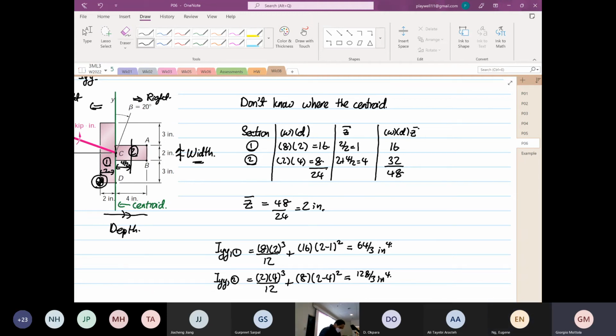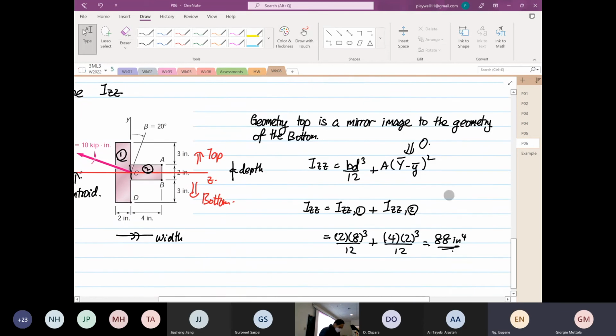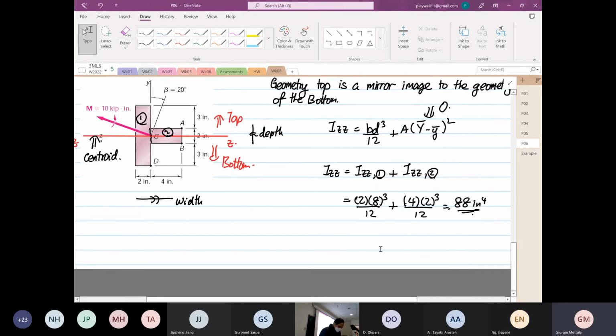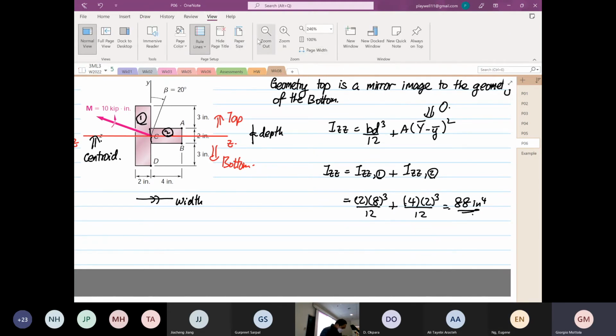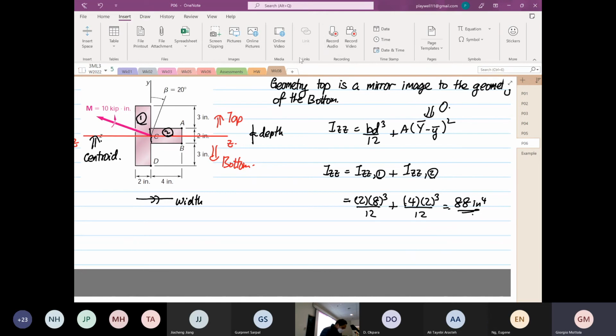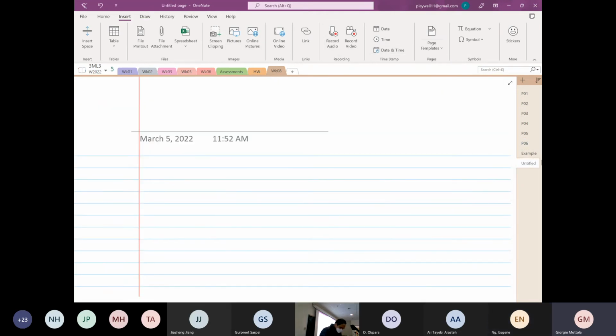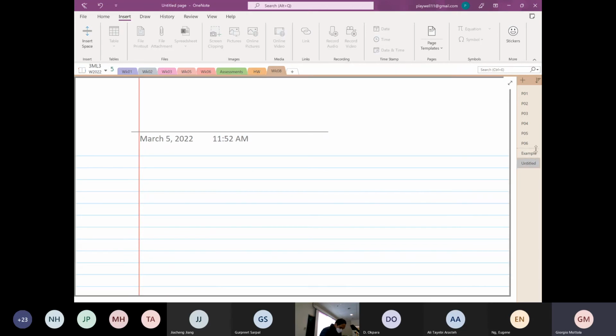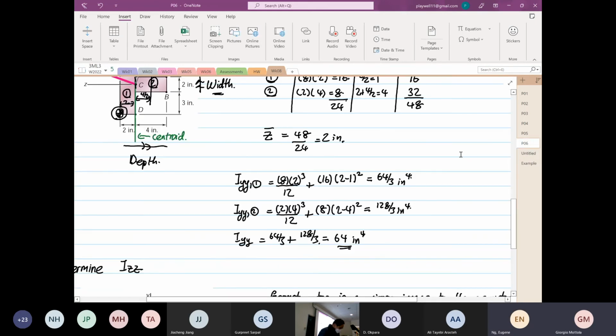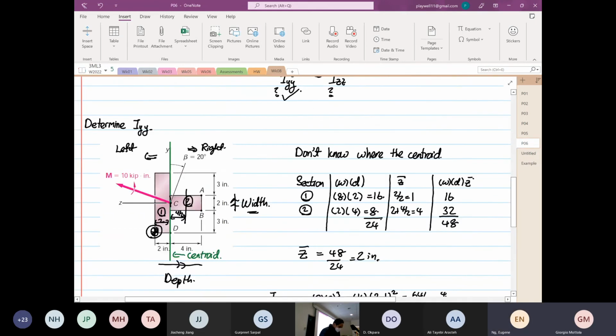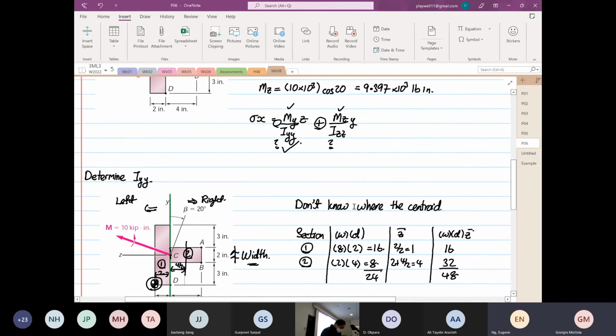Right. So now we have a lot of terms already. Okay, the next thing that we're going to do, I'm going to go slow on this. So we have everything. Now we want to find the stresses.